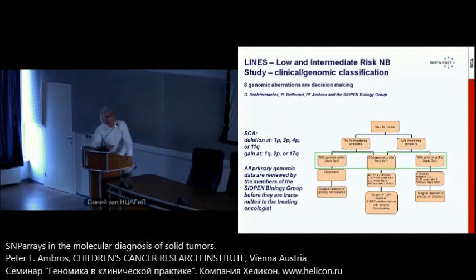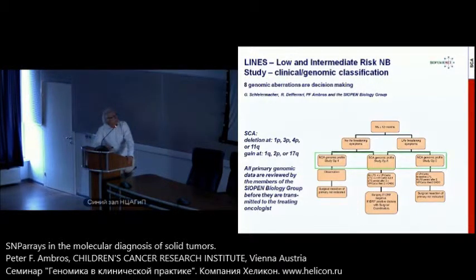Okay, I bring you to the current European neuroblastoma study, which actually introduces now these so-called segmental chromosomal aberrations, as I've shown you with 11q deletion, in the decision-making process. So this is again this MS, this special metastatic form.